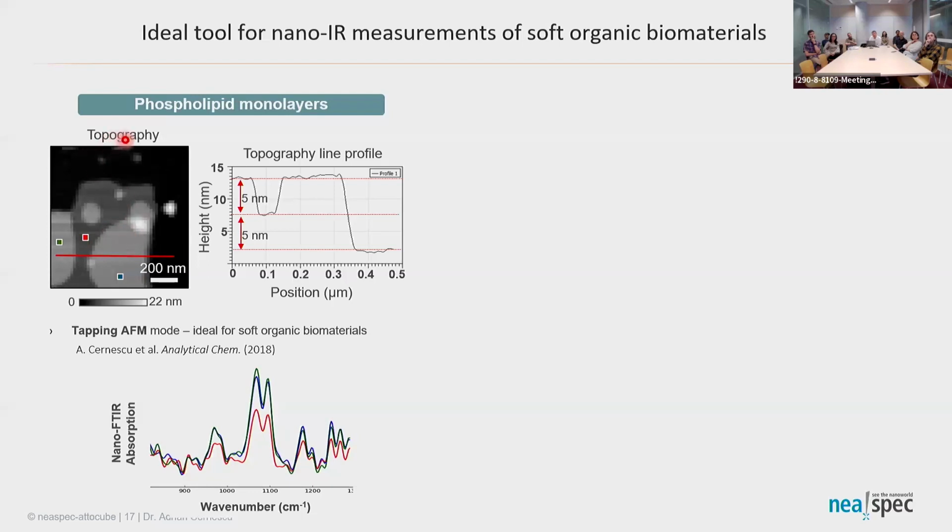And you see the topography image, and this is a line profile. And you see very nicely the thickness is about 5 nanometers. But what is important, these spectra look a bit noisy, but in reality, every absorption line is real and corresponds to this oriented phospholipid bilayer.